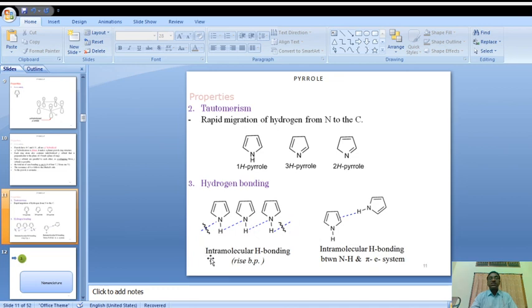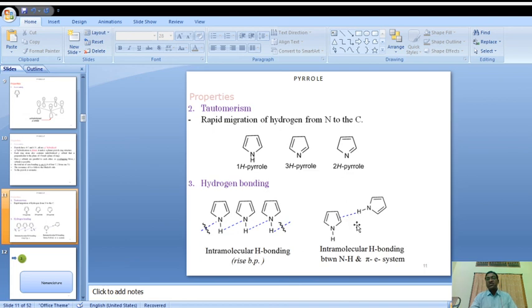This is called intermolecular hydrogen bonding, because the formation of this hydrogen bonding raises boiling point values.